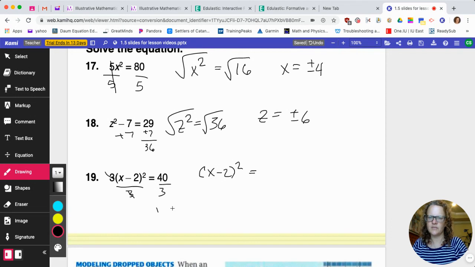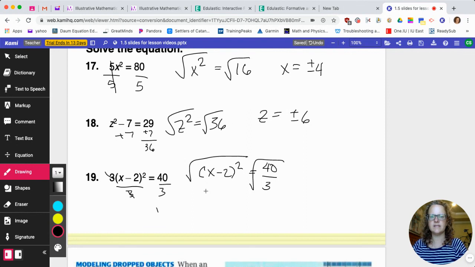And I have a fraction left over. That's odd. They usually give us very divisible things. Yeah, that's awful. So we're leaving it 40 over 3.